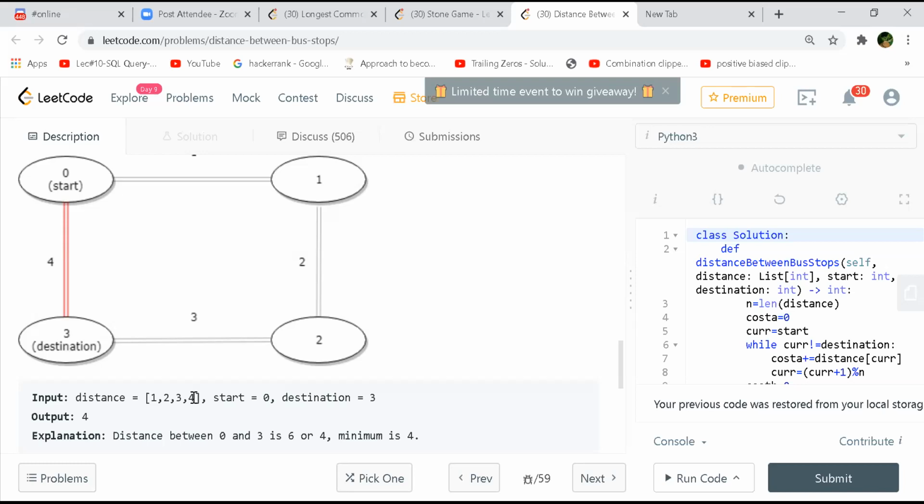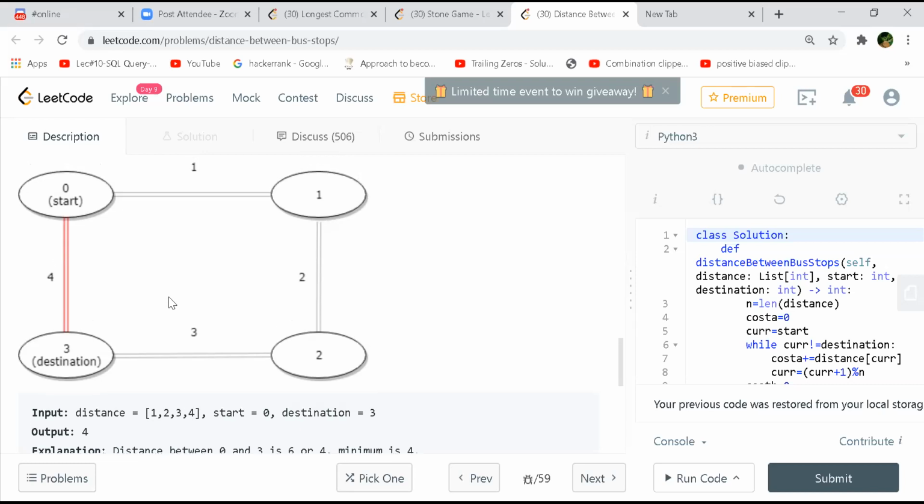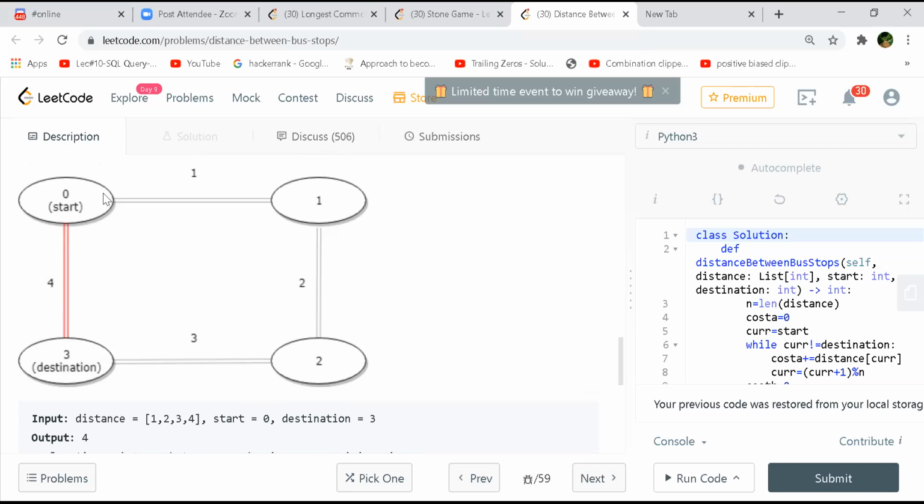I didn't get what you are saying, like from 0 if you have started, you have to go to 0 to complete? So start to destination we are going, right? We are starting from 0 and destination is 3. If we go in the front direction, it's 2 plus 3 plus 1, which is 6. If we go in the reverse direction, it's 4.